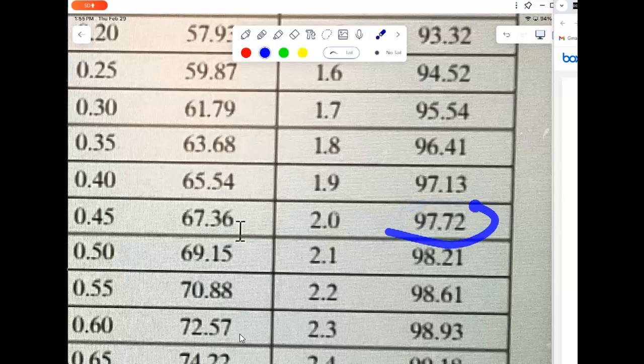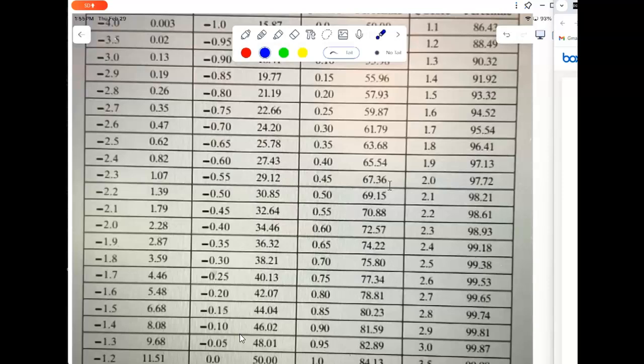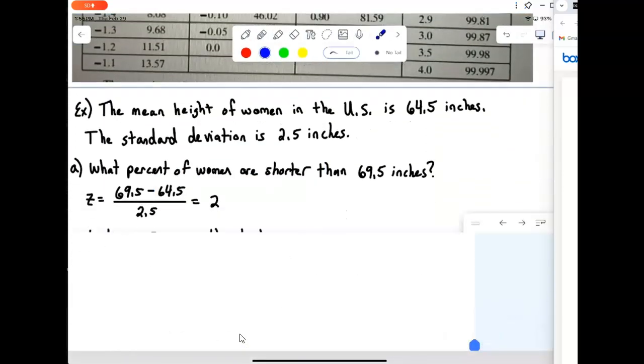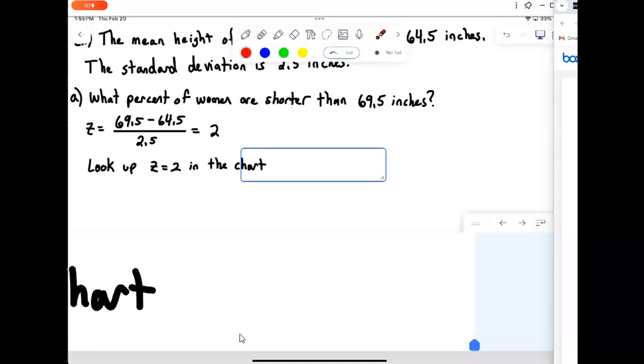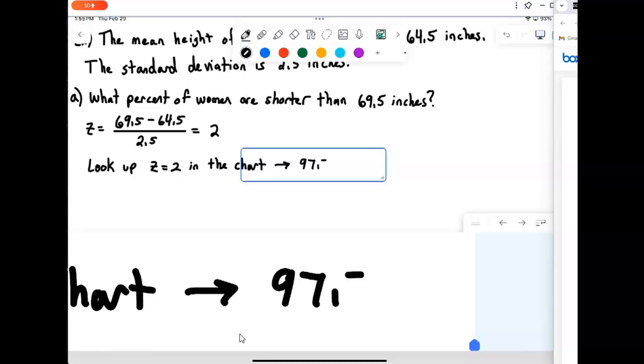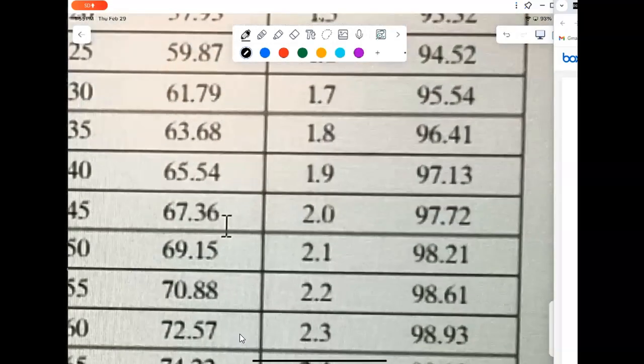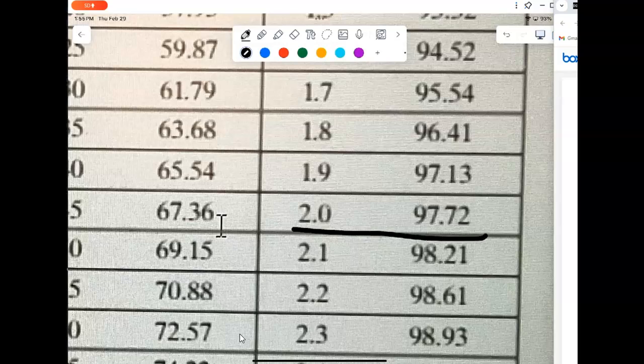That's 97.72 in the chart for a z value of 2. I'm going to write that down, 97.72%.